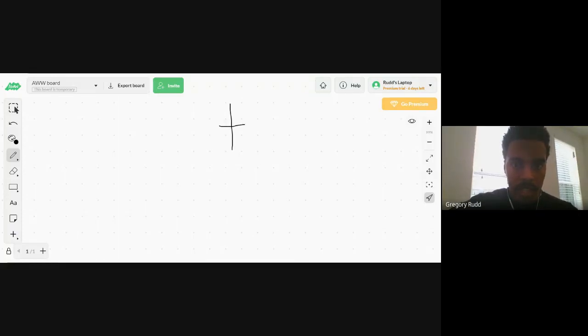Just imagine that this is a tRNA. And I've got an anticodon UCG. Then I've got another tRNA, and this has the anticodon AUA.